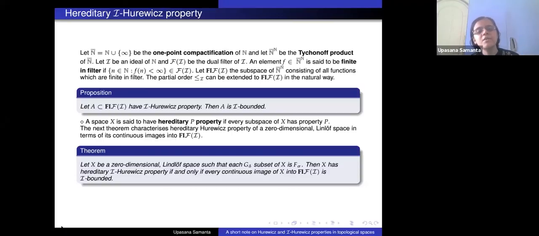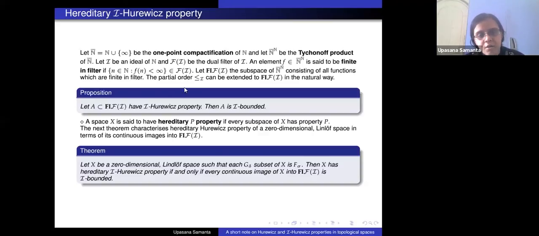Okay, it is a filter on the same set N, and it is called a dual filter. An element f is said to be finite in filter if this set belongs to the filter. So this is a subspace of this one consisting of all functions which are finite in filter.